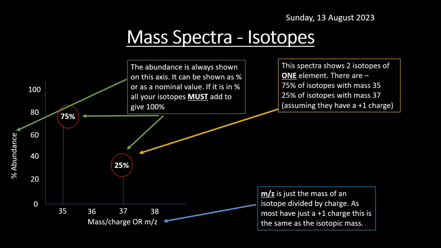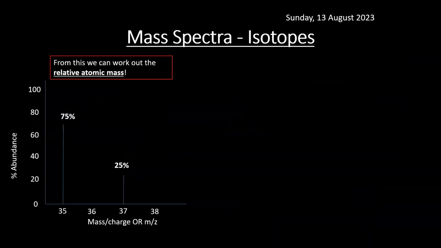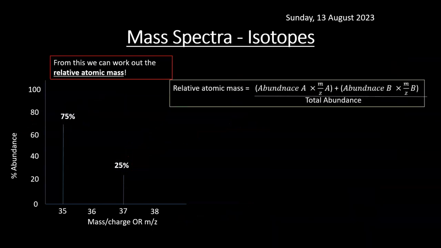The percentage figures are easily turned into a relative atomic mass calculation, and we can do this on the next slide, and you'll see this is quite straightforward. We simply take the relative atomic mass is equal to the isotope abundance times the isotope mass, plus we add the second isotope times its abundance.